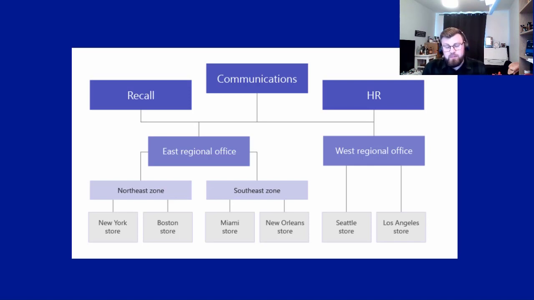They don't have to be Microsoft Teams teams, but the ones that follow in the hierarchy, if they are teams, can also track tasks to their respective teams down the line in their hierarchy.